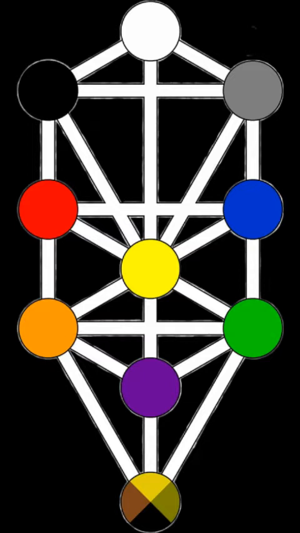The major arcana, again, 0 to 21, applies to the Hebrew alphabet, and you match the letters to the cards. The cards are 0 to 21. The Hebrew alphabet is 1 to 22. It's the same amount of numbers, all 22.